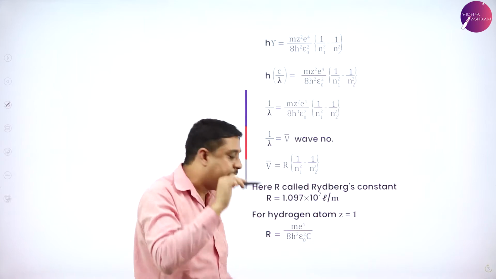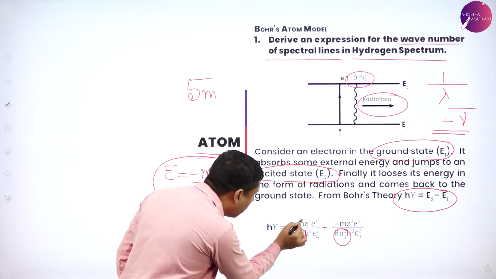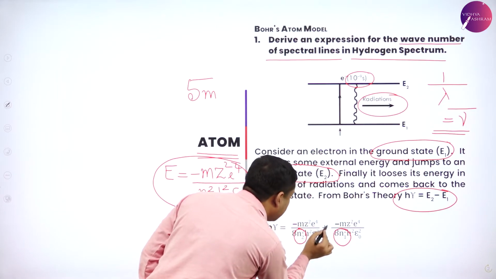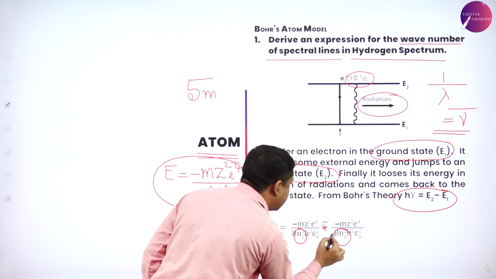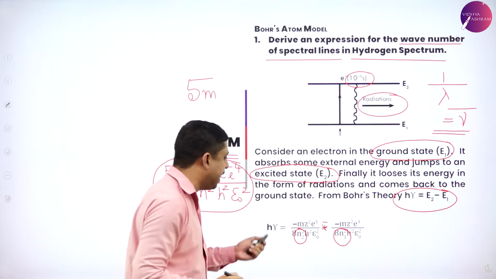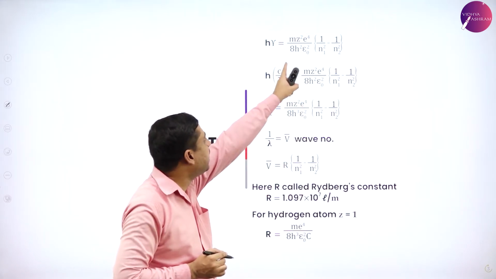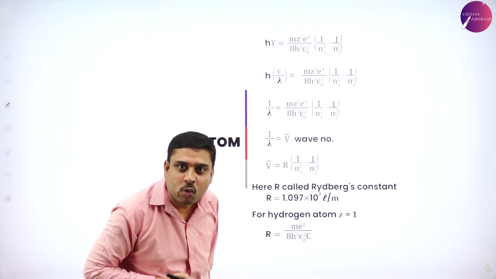And rearranging the terms, see here, minus 1 by n square, this is minus of minus 1 by n square, so this becomes plus. Therefore, I have written 1 by n1 square minus 1 by n2 square.